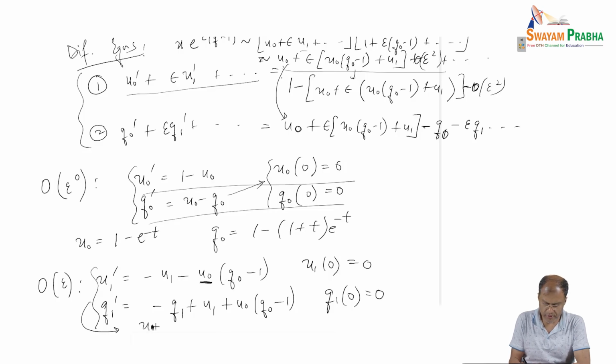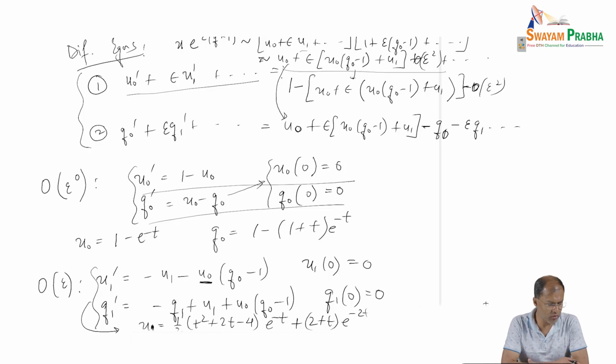So we see that u1 is half t square plus 2t minus 4 times e to the power minus t plus 2 plus t times e to the power minus 2t, and similarly q1 is 1/6 of t cube minus 18t plus 30, I'm just writing the final solution here, times e to the power minus t minus 2t plus 5 e to the power minus 2t.